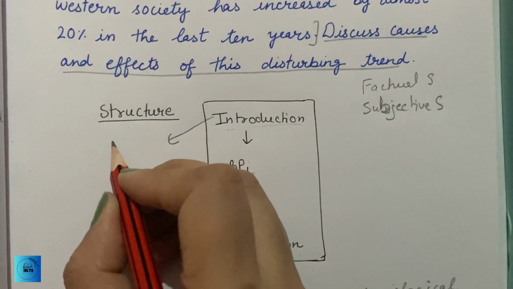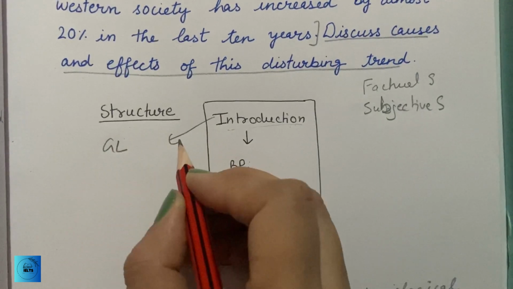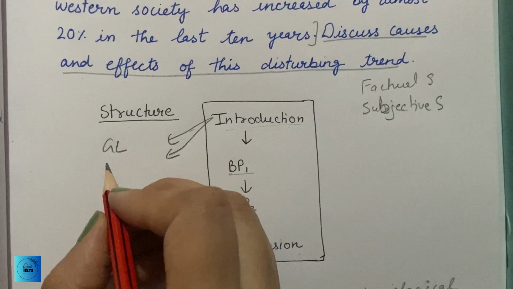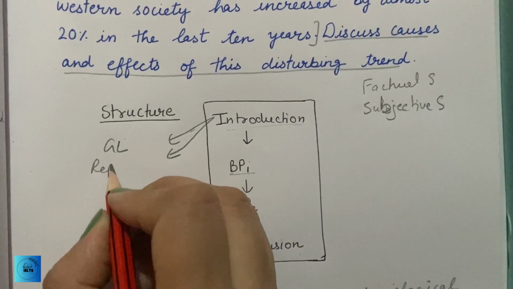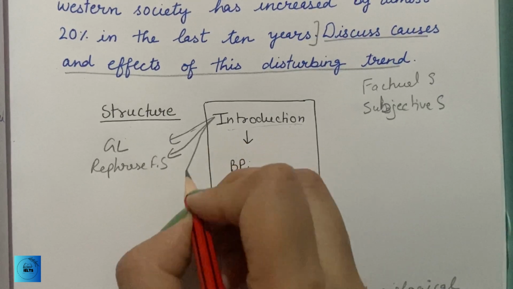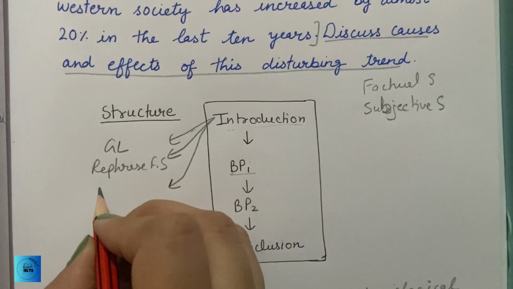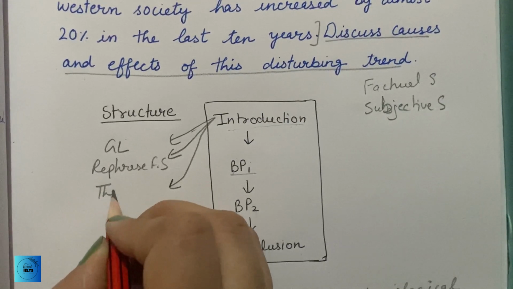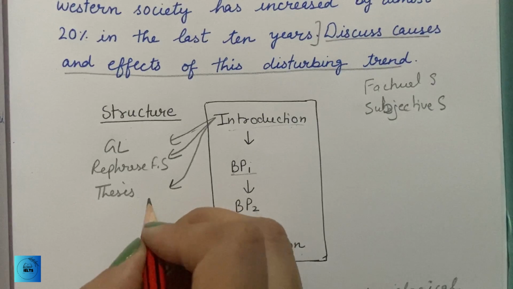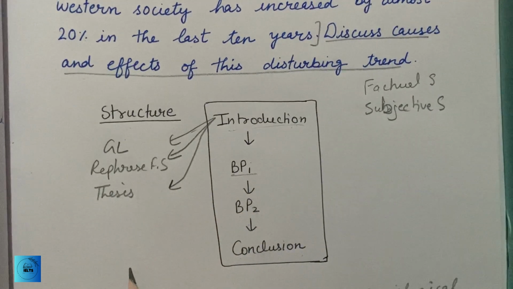First, we have to write a general line, and then second, we have to rephrase the factual statement, and the third is we have to answer the subjective statement, means we have to write the thesis line, like what we are going to write about in the essay. So this will be the introduction.